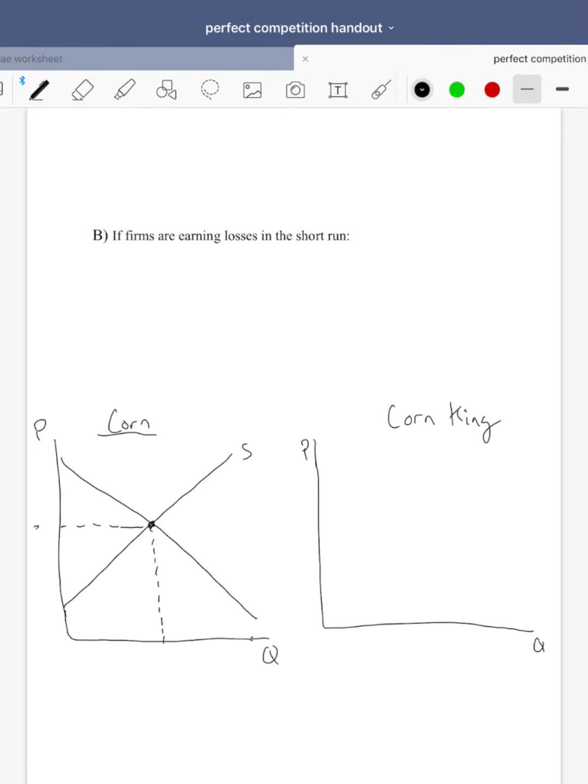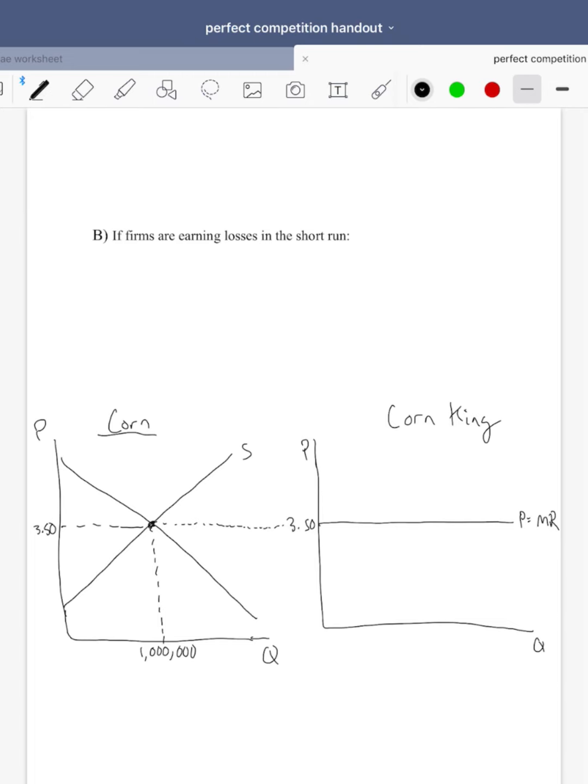So let's look at what happens if firms are earning losses in the short run. So we'll have our industry over here on the left. So we have corn, and then we have my individual firm, Corn King. And we had the market price set at $3.50 with 1 million units being sold.